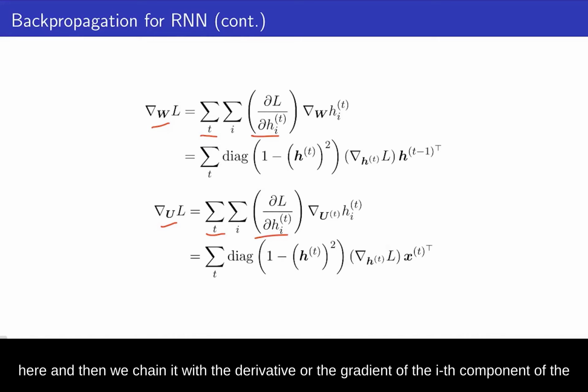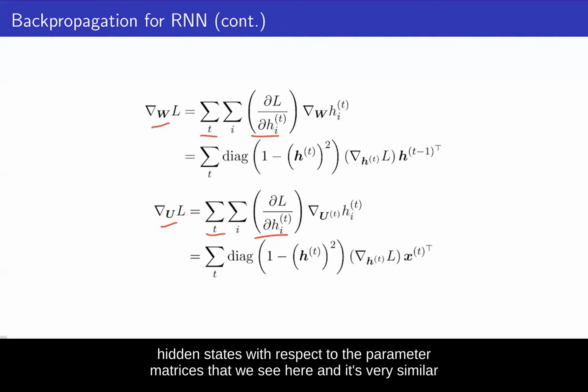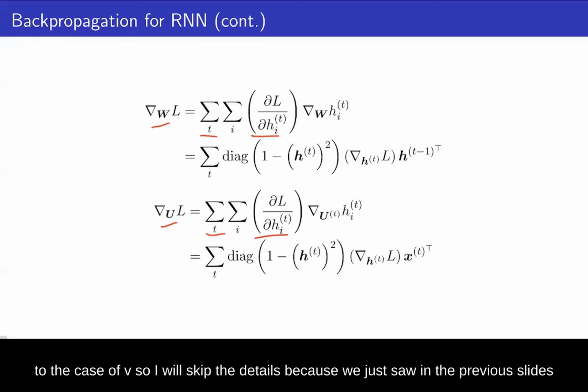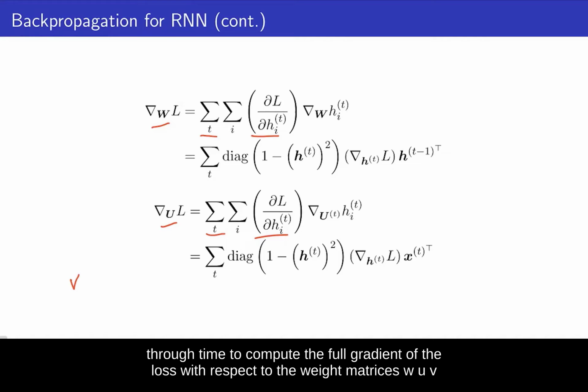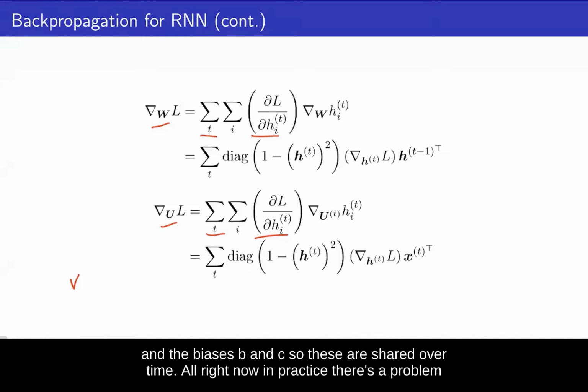And then we chain it with the derivative, or the gradient, of the ith component of the hidden states with respect to the parameter matrices that we see here. And it's very similar to the case of V, so I will skip the details because we just saw in the previous slides how to do this in the case of V, but it's exactly the same here. But that's how we use backpropagation through time to compute the full gradient of the loss with respect to the weight matrices W, U, V, and the biases b and c. So these are shared over time.